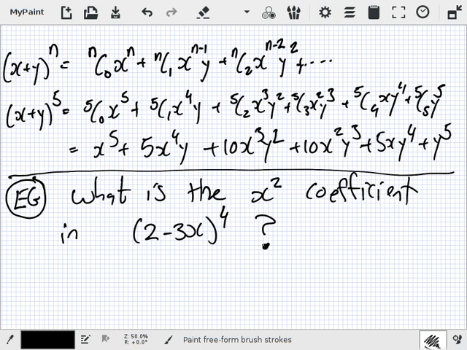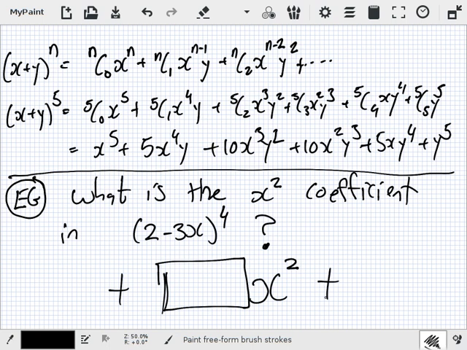Now, this is interesting because I'm not asking you to fully expand it. I'm only asking you for one term in the expansion. Precisely, I'm asking you what is the number that goes in front of the x squared when you expand.